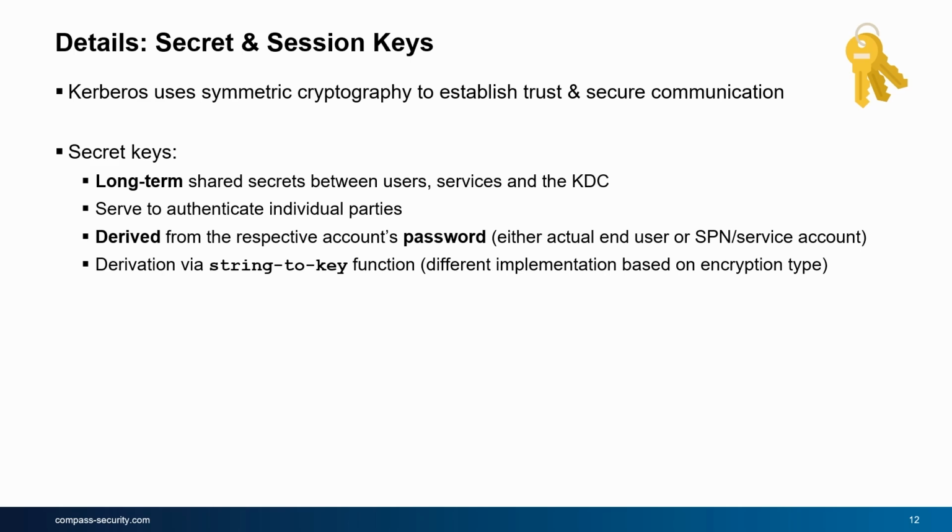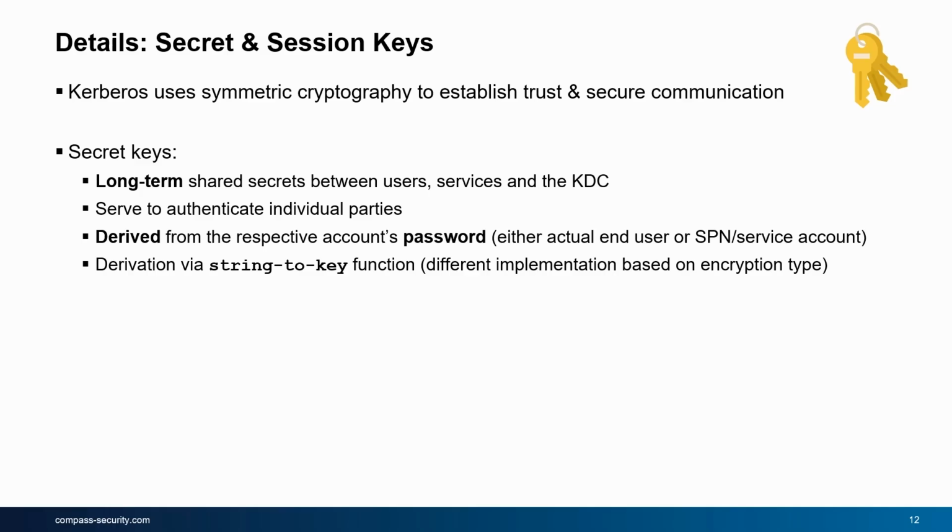The secret key is also known as a long-term key, which is shared between the users or the services and the KDC. So the user has their key and the KDC knows the key as well, or the same for the services. And this is mainly used to authenticate the individual parties so that the KDC knows, is it the right user, is it the right service that it's talking to.